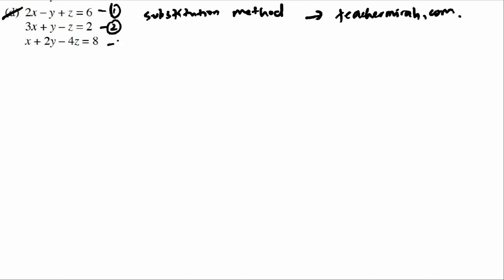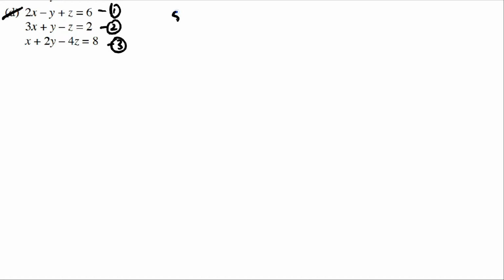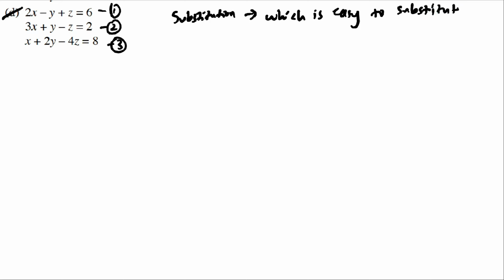Now the substitution method. For this one, 1, 2, 3. For substitution, choose the one which is easy to substitute. So you see here you have z, for x, 3x, and y, and 2y. I think it will be easier for us to substitute y, right?